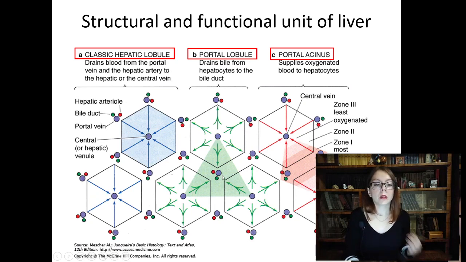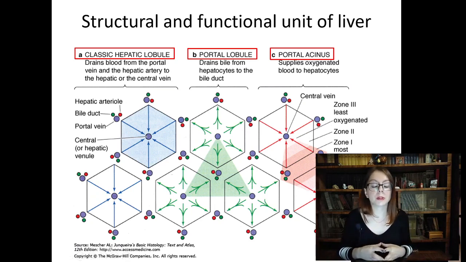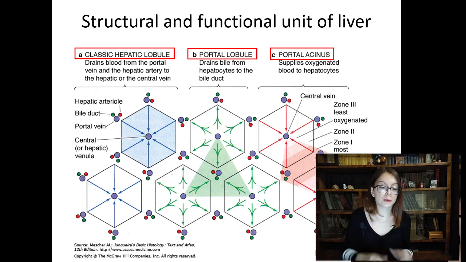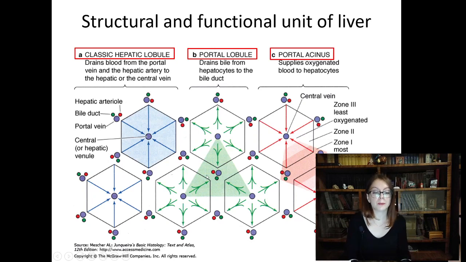So if some troubles occur with the bile secretion, we should understand that here in the periportal space a zone will be affected at the beginning of mechanical jaundice, for example. So the triangular portal lobule is considered to better understand the function of the liver, like production of the bile.